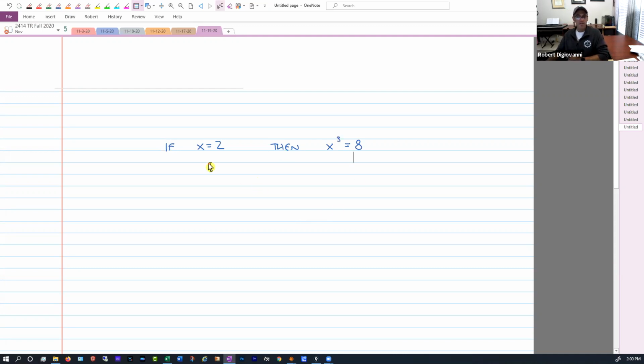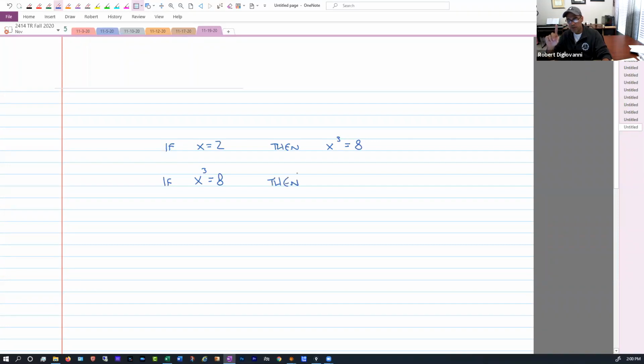That is a statement that goes in both directions. So do you agree that if x is 2, then if I cube x, I'm going to get 8? Right? But if I tell you it the other way around, if some number cubed is 8, then x has to be 2 also. So do y'all agree I can write this the other way?